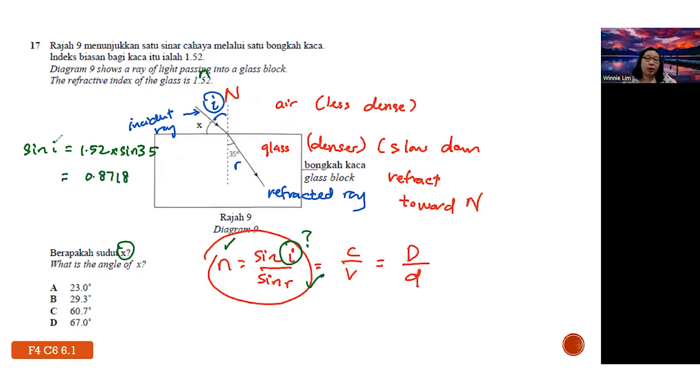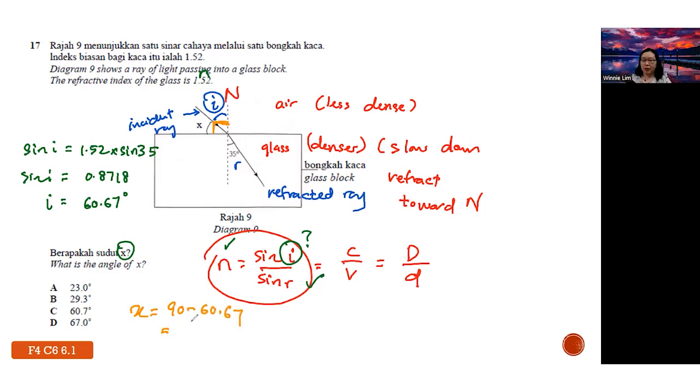But I want i, not sin i. So how do you get i? You press the calculator, shift sin, answer, and you will get 60.67 degrees. But like I mentioned, are you finding i? No, you want to find X. So basically this whole part is how many degrees? You all learned in maths, 90 degrees, right? So to obtain X, I use 90 minus 60.67 and I get the answer.